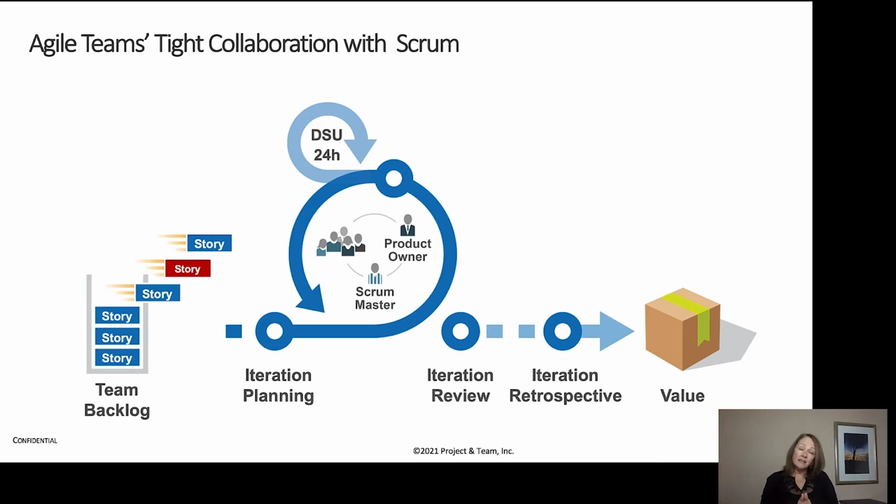They plan together and they work together in a cycle called an iteration, also known as a sprint. And during that iteration or sprint, which is normally 2 weeks, sometimes 3 weeks, they will gather together every day.